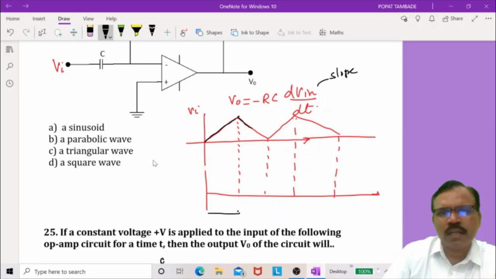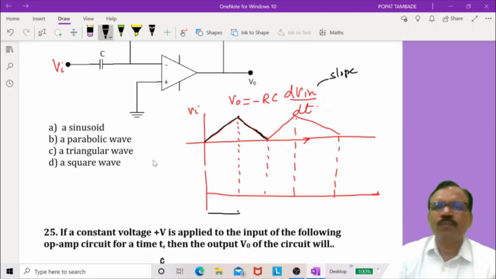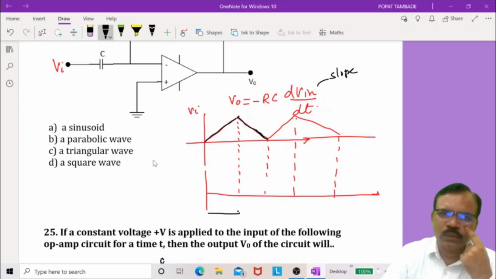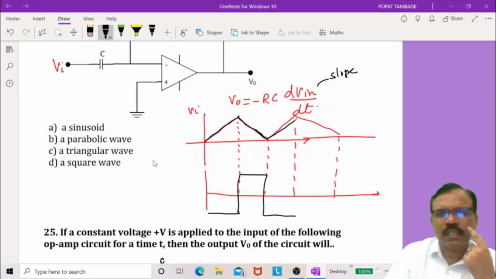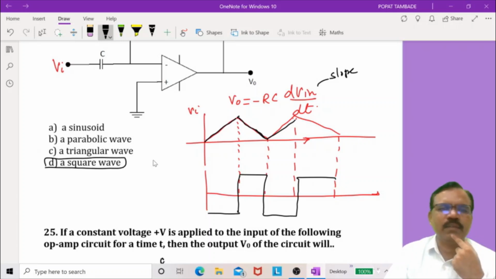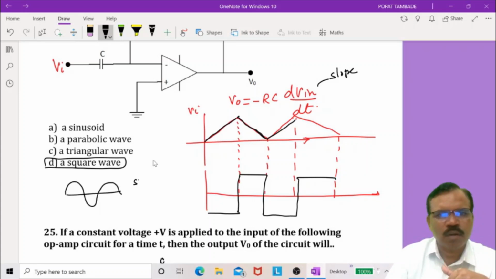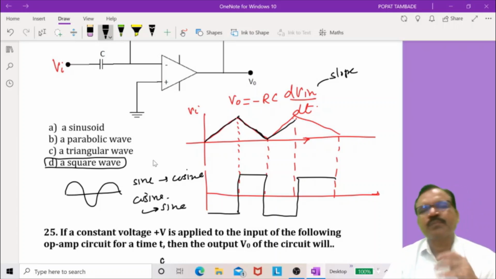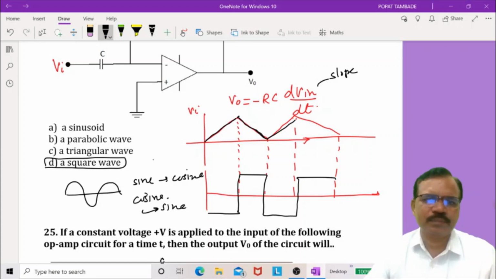Then for this part, the slope is negative, so V0 becomes positive. Then for this part it becomes negative, and then positive like this. So we get a square wave. If we have a sine wave, we will get a cosine wave as output. For sine we have cosine, and for cosine input we have sine output. So this is for the differentiator.